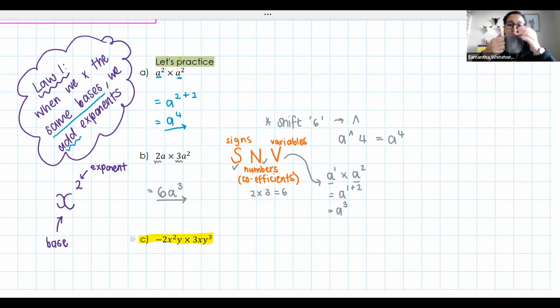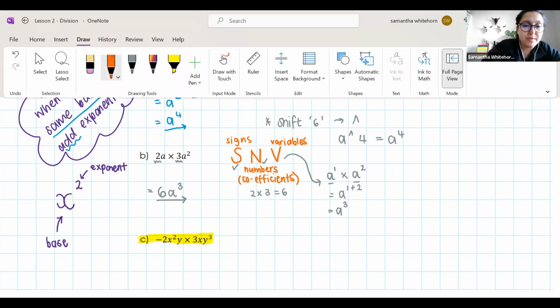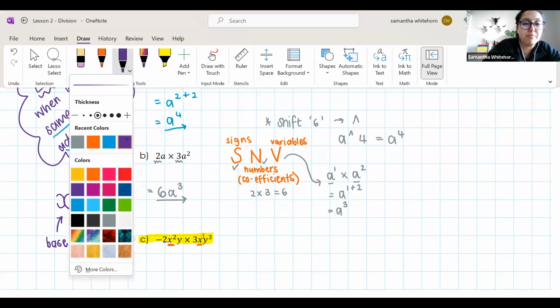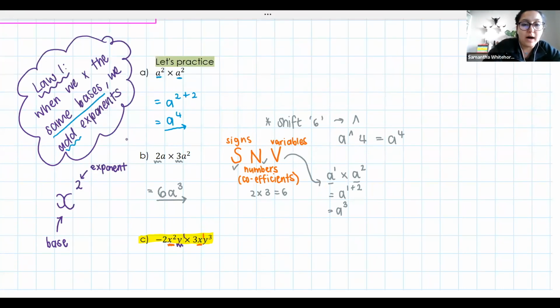Right, but have a look. What I want to point out is that you've got bases of X, and you have a completely separate situation with bases of Y. So they are separate. There are two different bases. We need to deal with them separately.